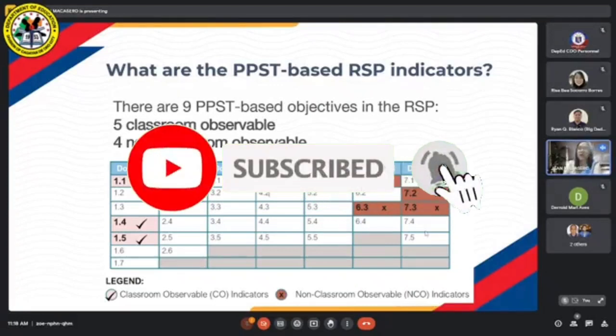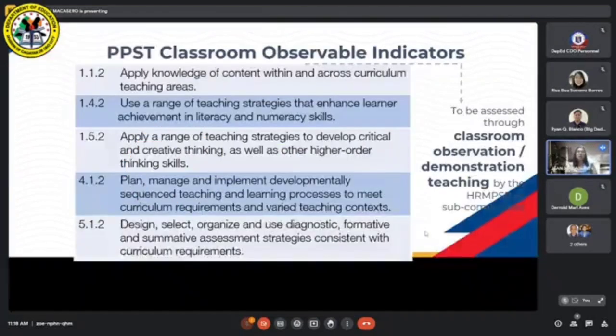Now, next. This will be our 5 domains. First, you have 1.1. Domain 1 is on content and pedagogy. We will be measuring your knowledge of your respective major as well as the different pedagogies or strategies that you will be using.